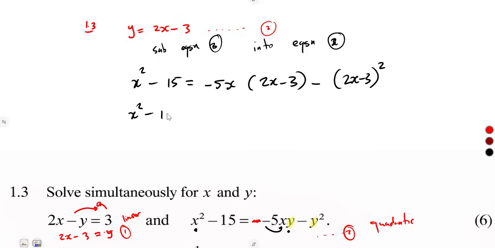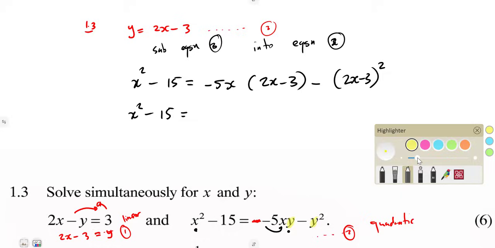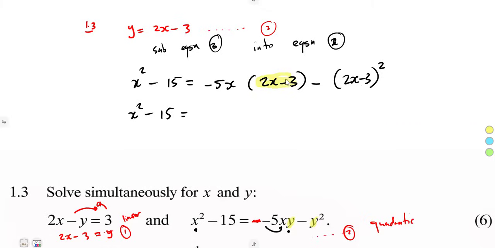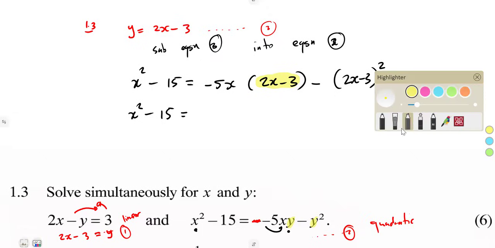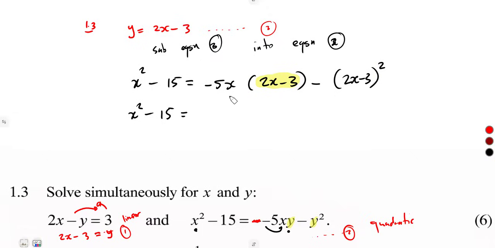Let us expand the brackets and try to simplify further. Here we have got a bracket that is to be affected by negative 5x outside of the bracket. So that means negative 5x times positive 2x is going to give us negative 10x squared. Negative 5 and negative 3, that's negative, negative, a positive 15x.